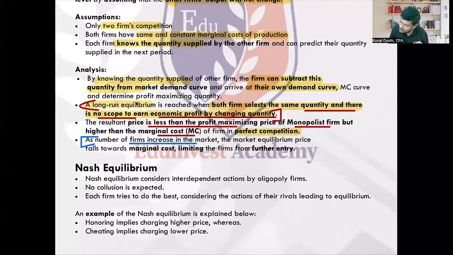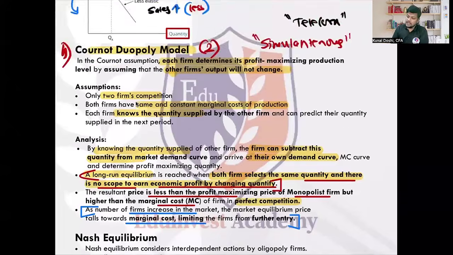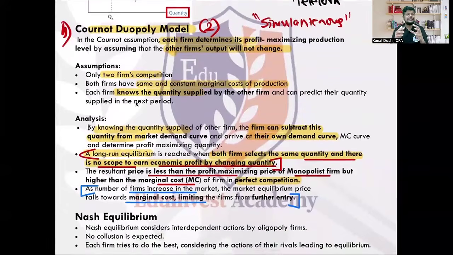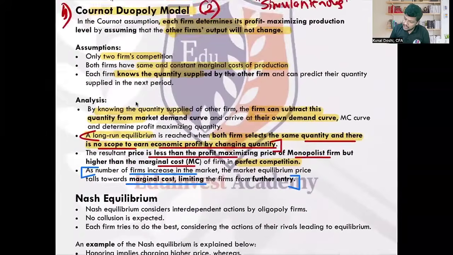So the market equilibrium price falls towards the marginal cost, limiting the firms from further profit. So again, in duopoly, there is a possibility of economic profit, but ensuring that the number of players doesn't increase, right?